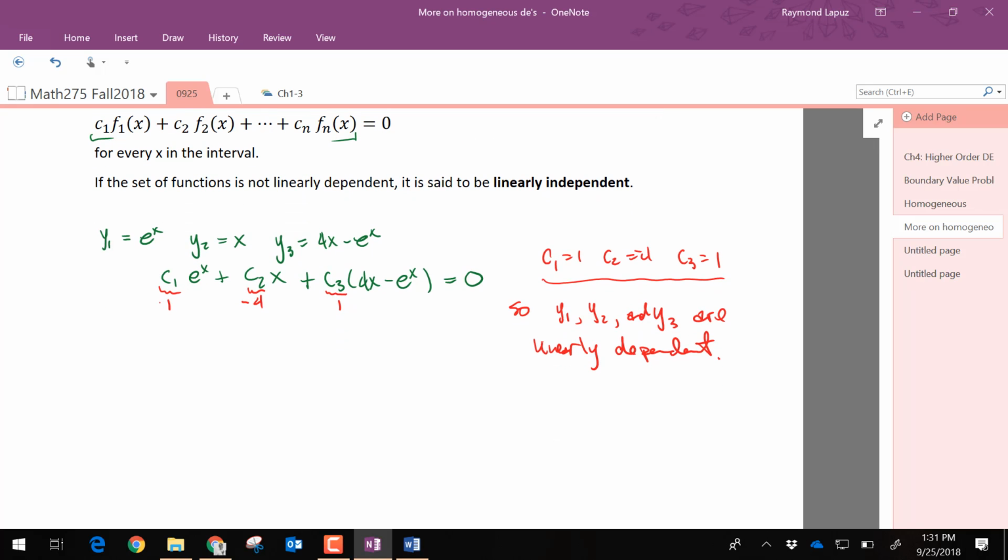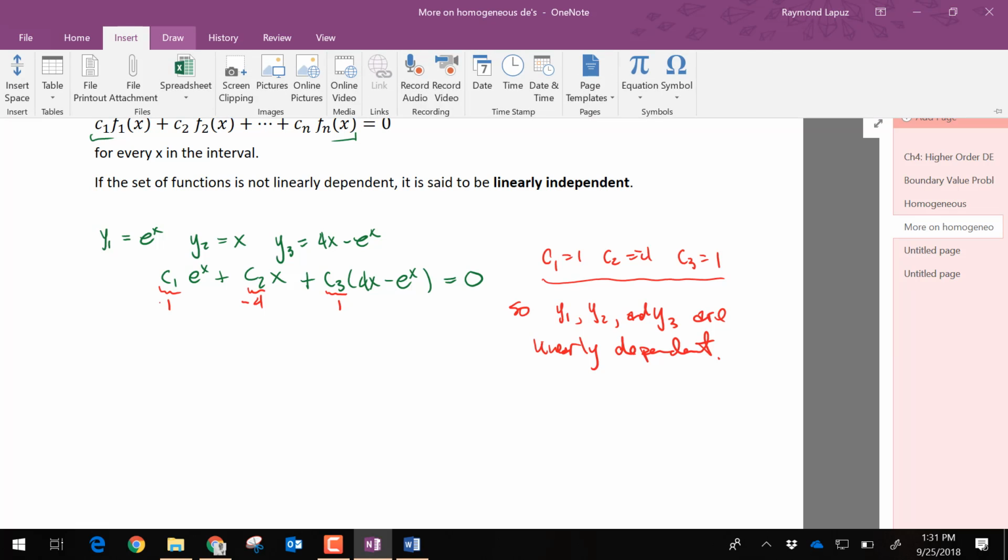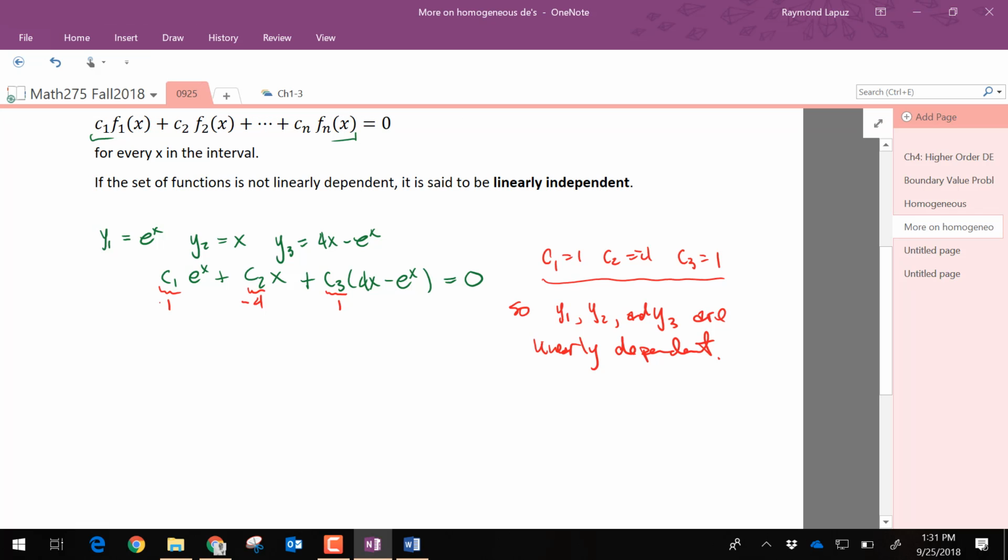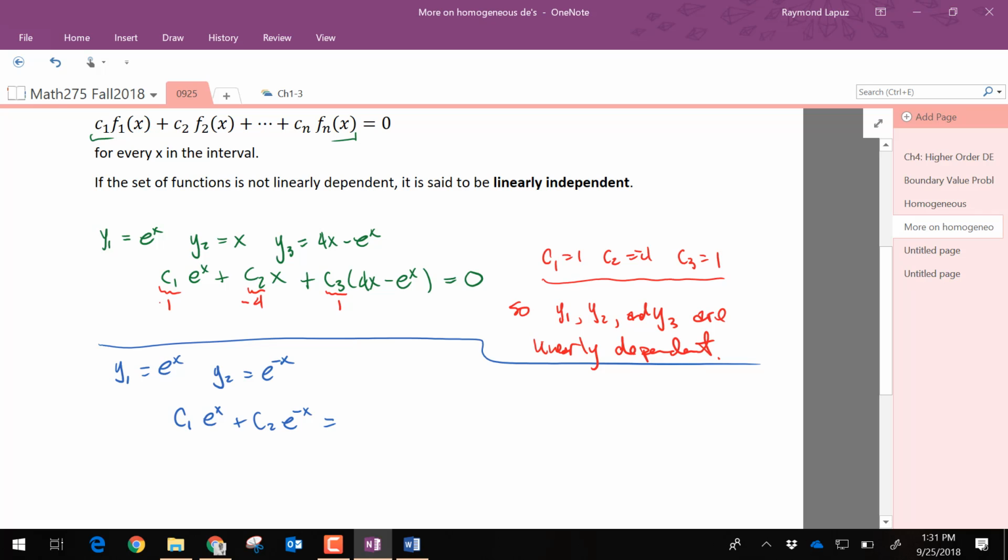Okay? And just as a contrast, let's do an example quickly where y1 is equal to e to the x and y2 is equal to e to the negative x. Just two functions. Now, can I actually find a value for C1 and C2 so that this linear combination would equal 0?